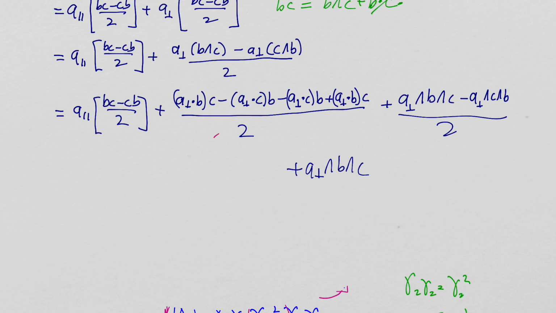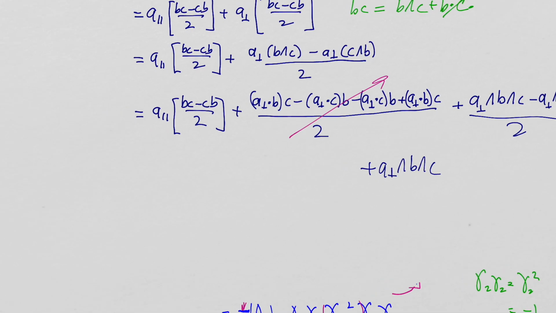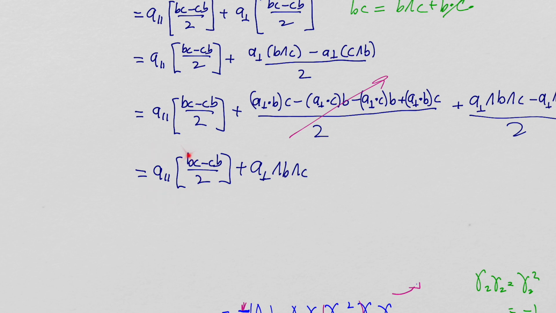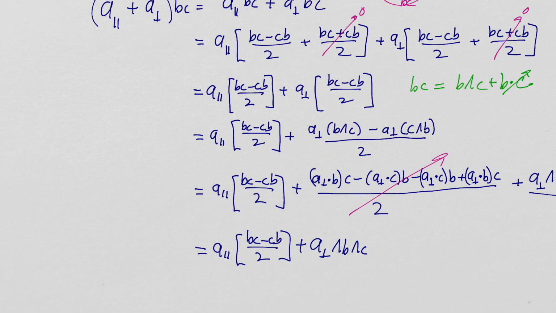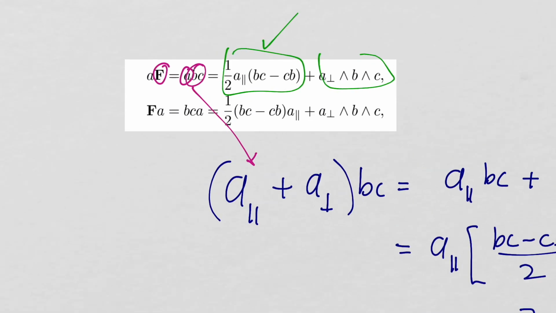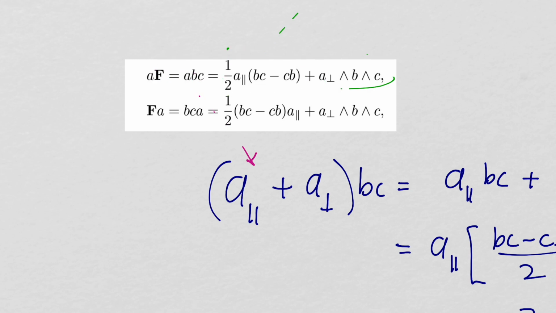So this entire term goes away, and what you're left with is this. The parallel part times the antisymmetric piece of the space-time product of BC, and the perpendicular part of A times the wedge product of B and C, which is exactly what they came up with here, right?